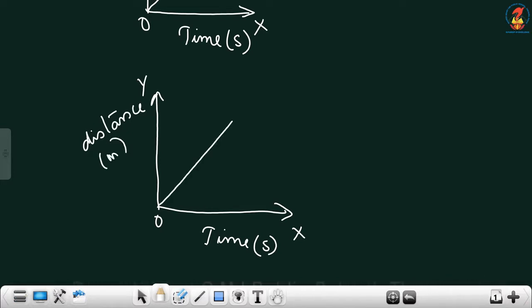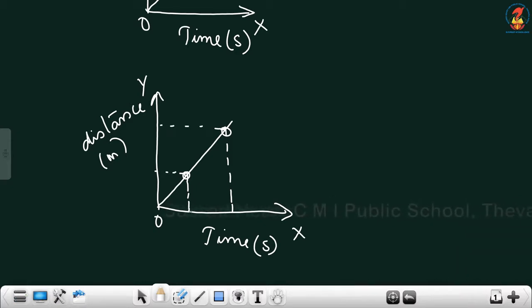This is the graph. Now you need to consider 2 points on the graph, this point and this point. Now you have to join them to the x-axis and also to the y-axis.